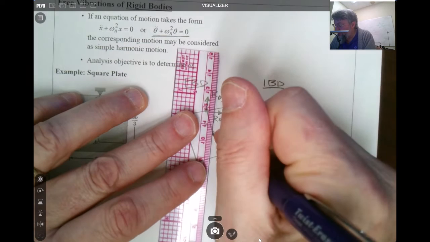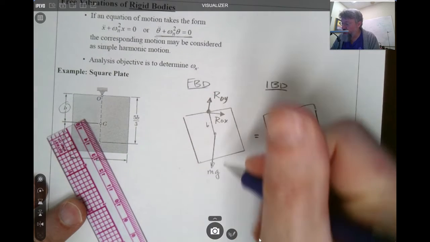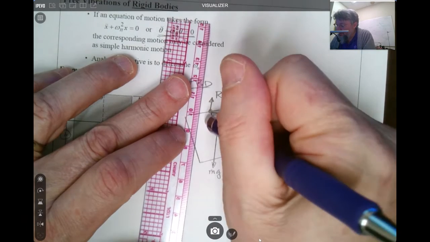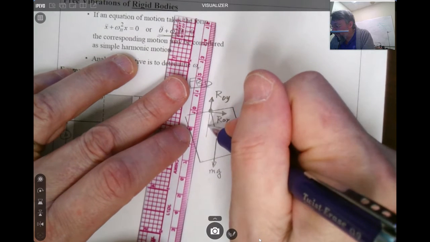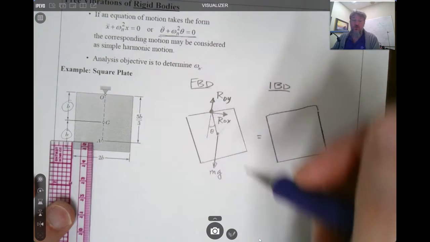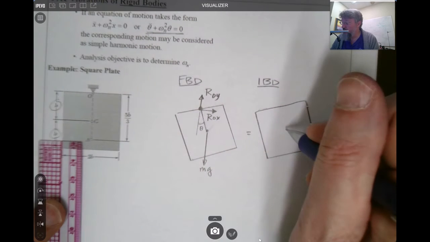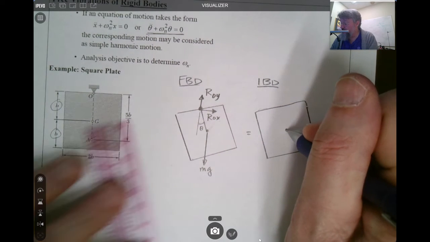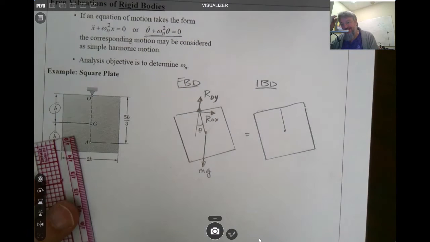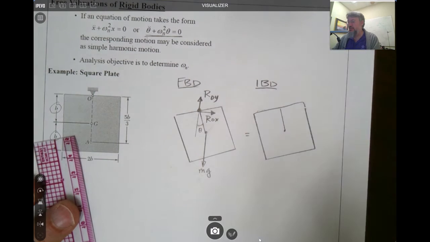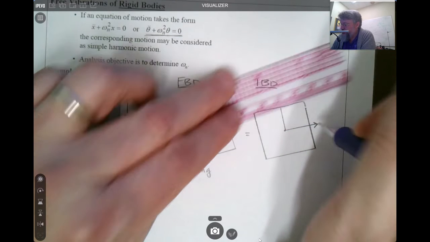And so the weight is acting downward. So it's mass times gravity. And it kind of got in the way of my little a. What I want to do is my vertical right here. So here is the small angle that this thing has moved through. What we usually do is assume it's in the process of going, so we're going to make the acceleration in this direction right here.